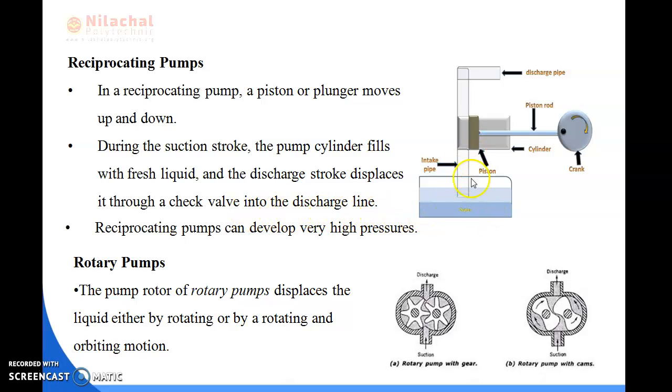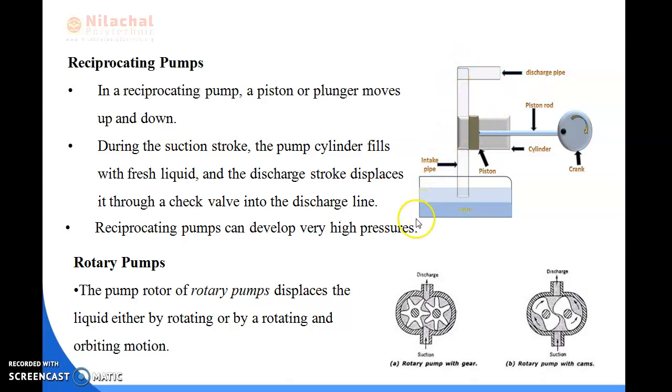Through this inlet pipe, the water will be entering. After the cylinder is filled with water, the piston will move from left to the right side. After that, here is a discharge pipe where the water will be discharged.